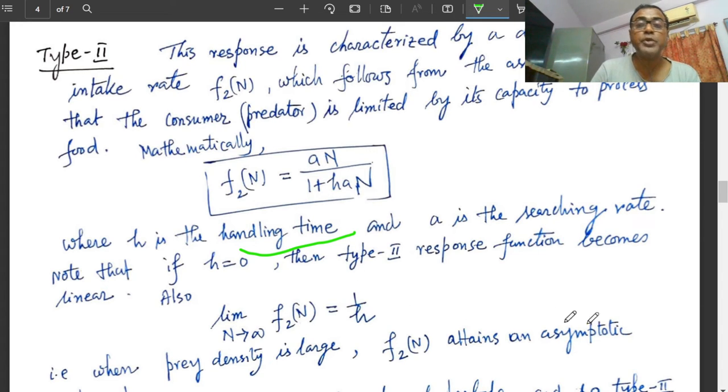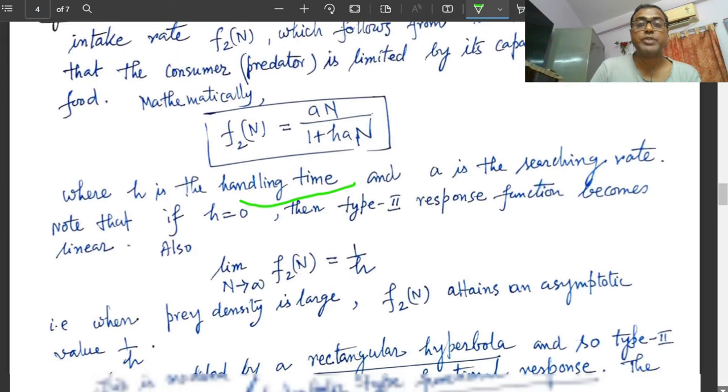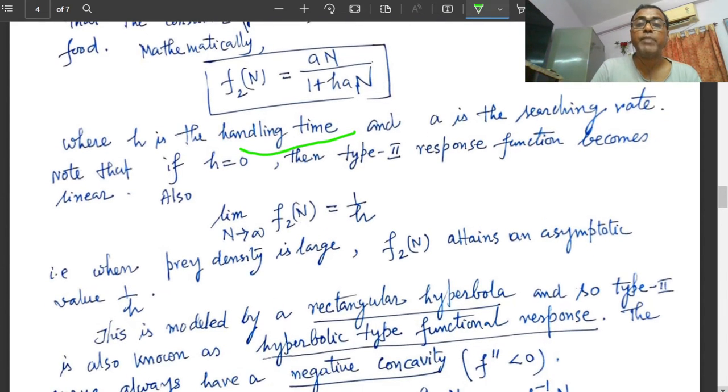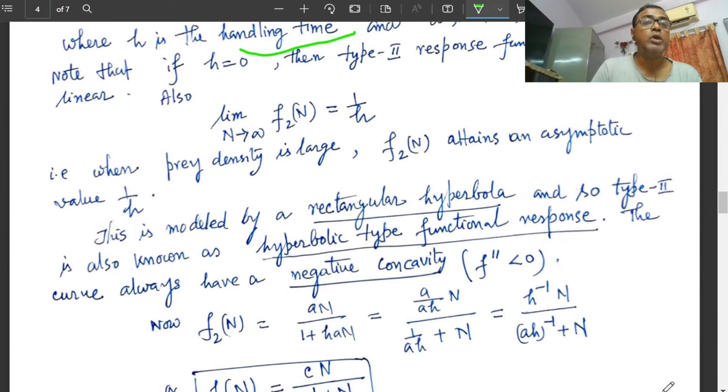This is the asymptotic value. This is modeled by a rectangular hyperbola, so type 2 is also known as the hyperbolic type functional response. The curve always has a negative concavity since f2'' is negative.